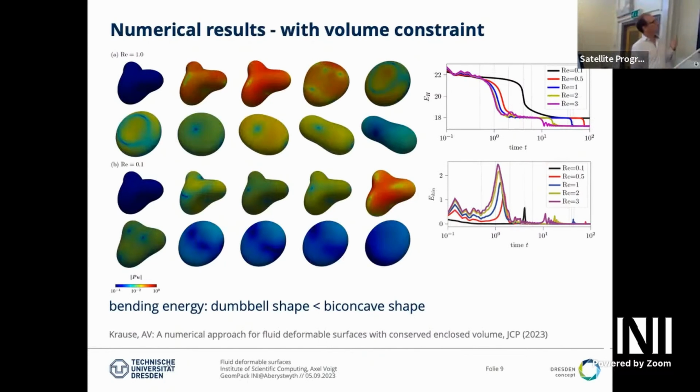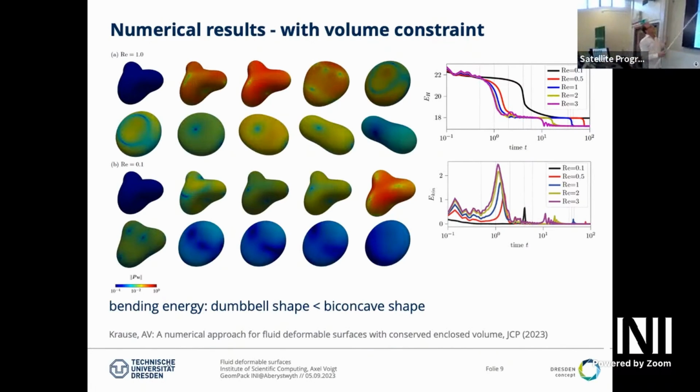Then it deforms, induces this flow, and leads to such a biconcave shape. And the energy curve for the Helfrich energy would be related to this black curve.